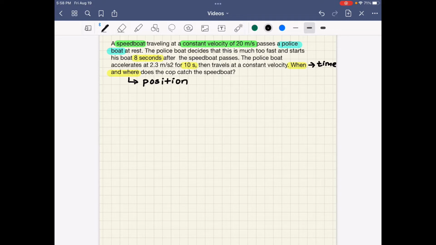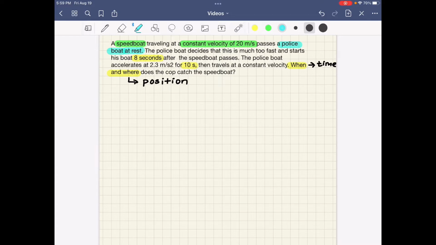Okay, now let's highlight whatever we have given for the police, right? Now, the police was at rest. Then he decides this is much too fast, right? Now, those 8 seconds, you can think of those 8 seconds as the reaction time, right? So maybe he thought about it for a few seconds, literally 8 seconds, and said, you know what?